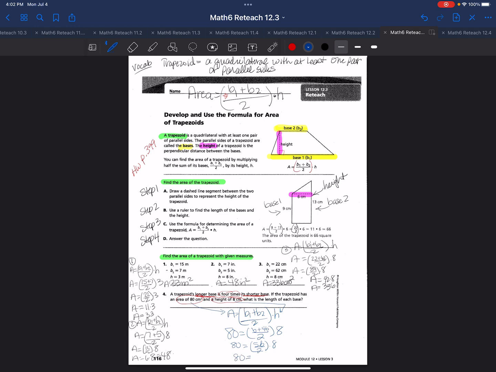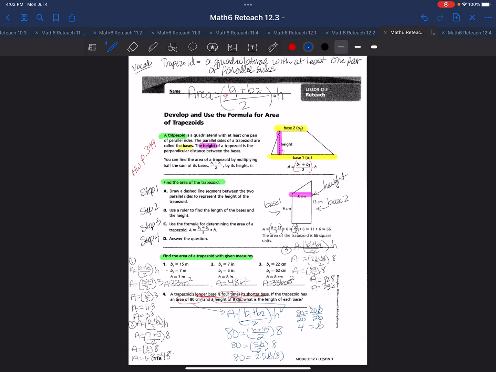So 5b over 2 is 2.5b times 8, which would be 20b. Now to solve for b here, this is 20 times b. The opposite of multiplication is division. So I divide both sides by 20, and I get the base would be 4.